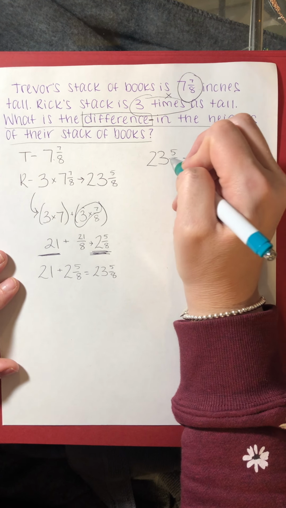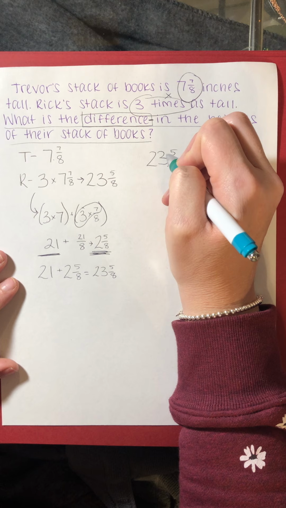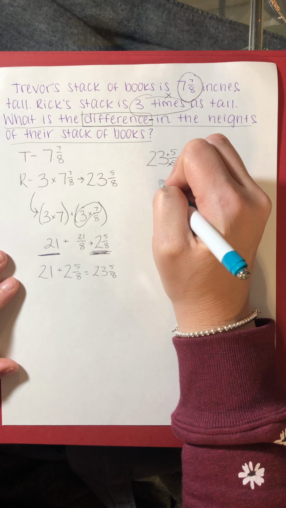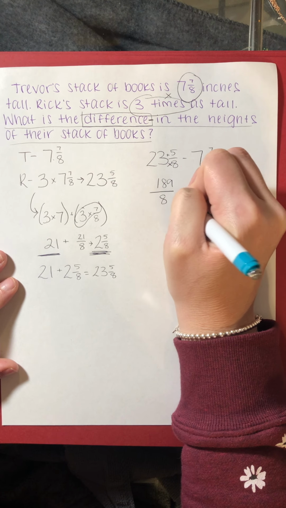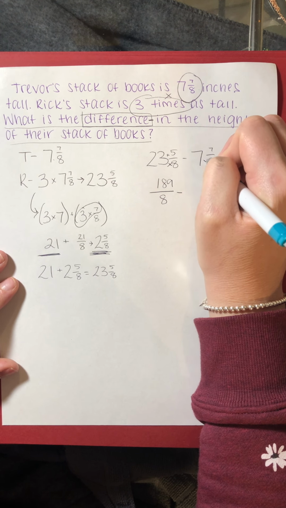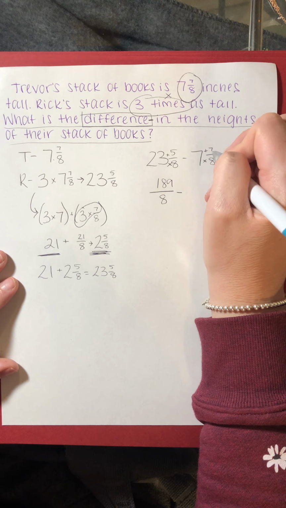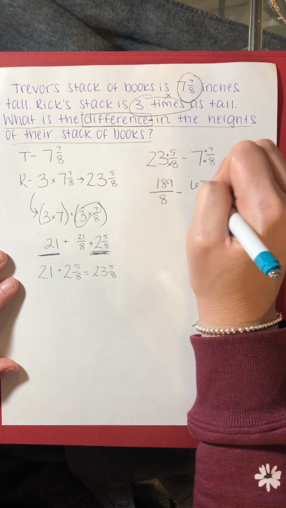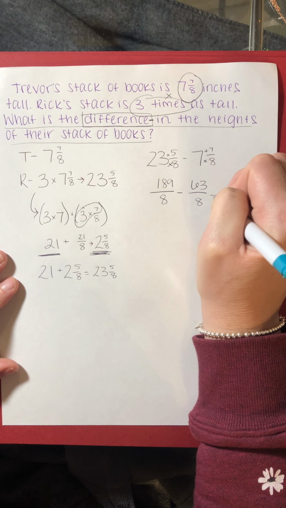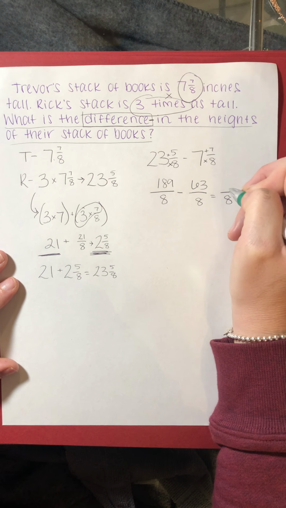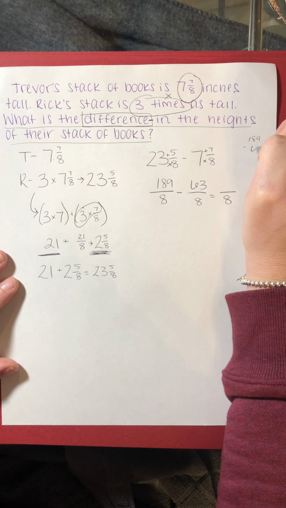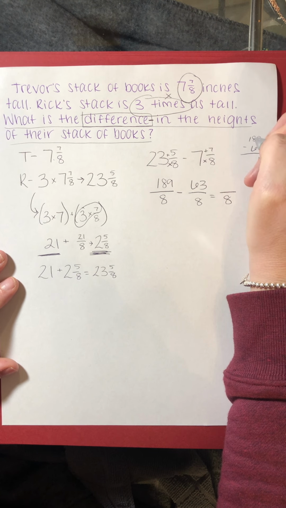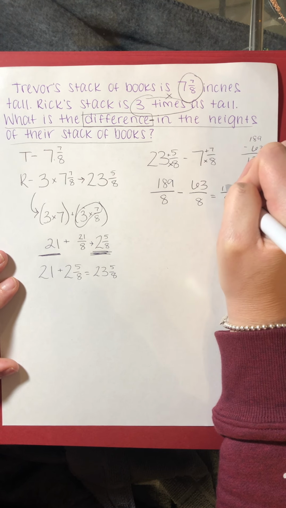So I'm going to multiply and then add, and then get a total of 189. I'm doing this on the side so you can do it as well. 8 times 7 is 56. 56 plus 7, 63. And when I subtract 189, take away 63, I get 126.